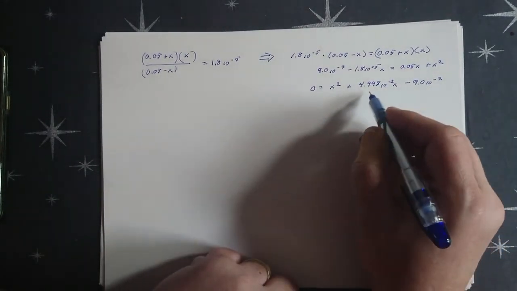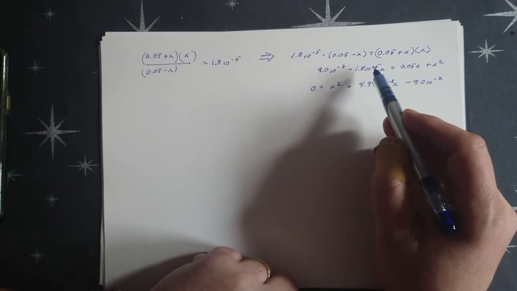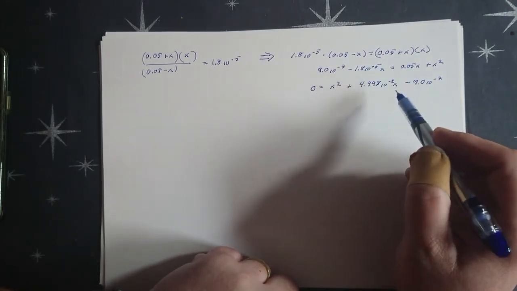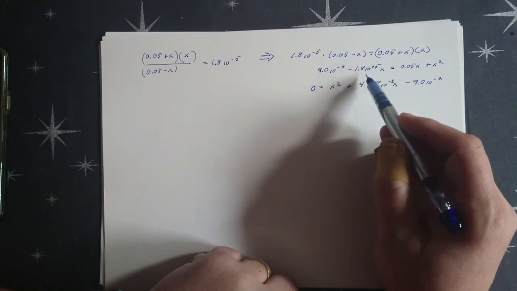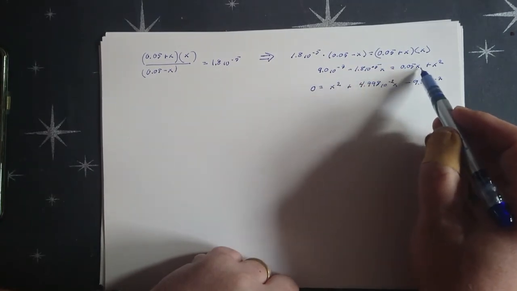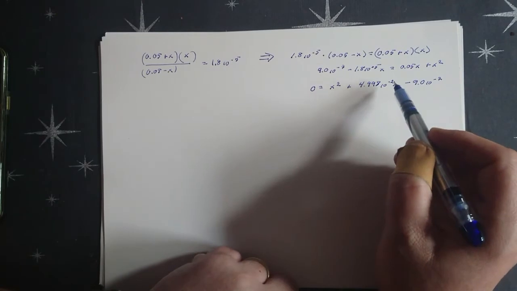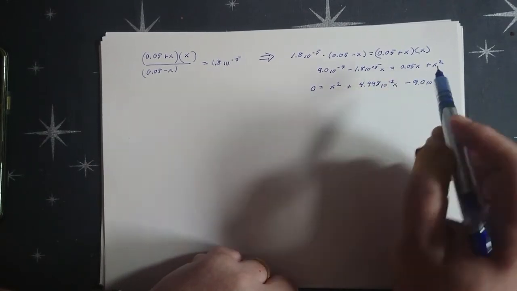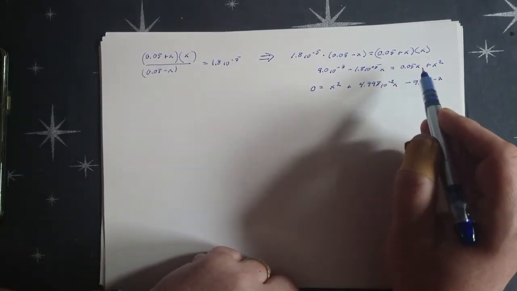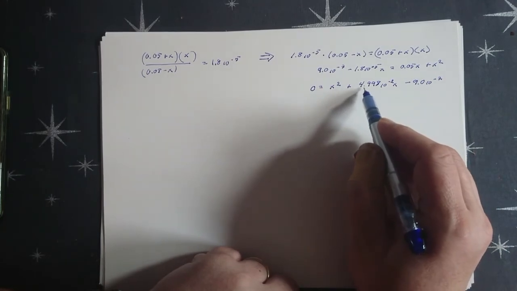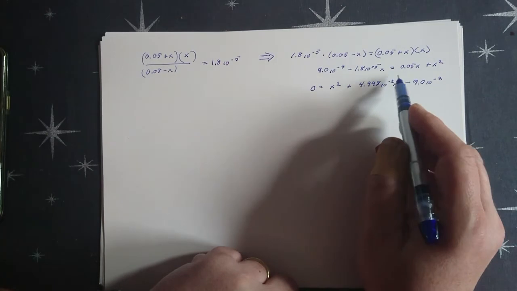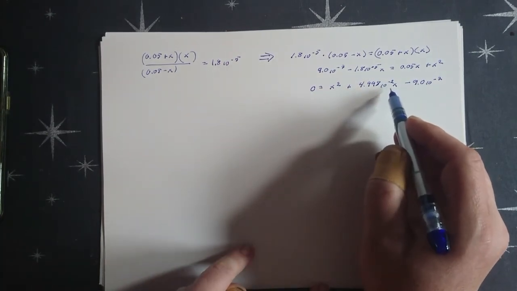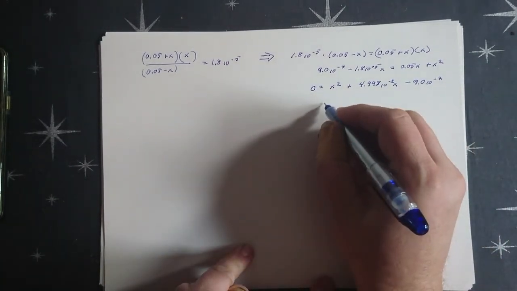Now, if we look at this middle term here, the effect that this 1.8 times 10 to the minus 5 had on this original concentration, 0.05, even in this quadratic, is minimal. It went from 0.05 to 0.04998, so essentially 0.05, although it's in scientific notation. If we find the x's for these, we have two x's.